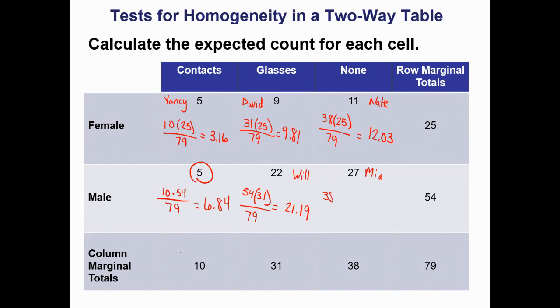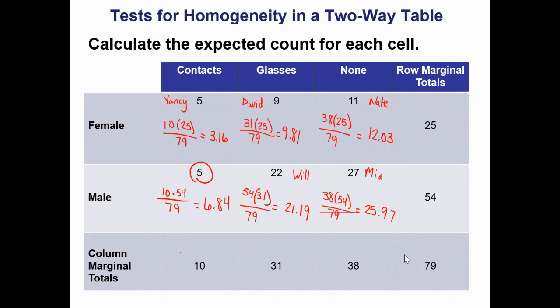Good. That would get you 25.97. Okay, so that's how we get expected counts for a two-way table.